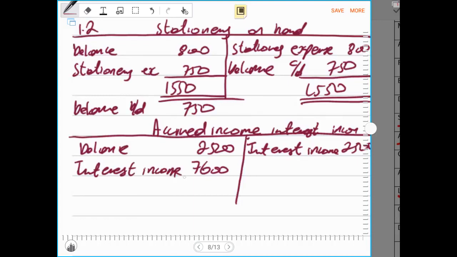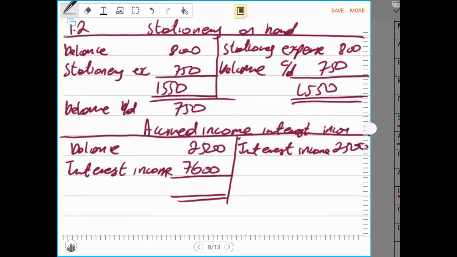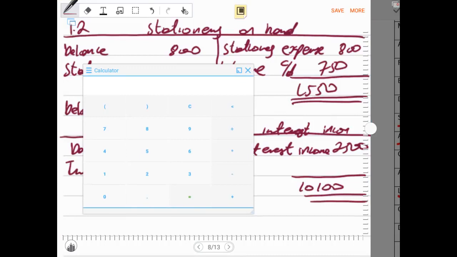Then from here now we can balance this ledger account. In balancing this ledger account, we take the amount of the bigger side, and the bigger side is the debit side, which is 10,100. Then we say 10,100. We subtract 2,500.